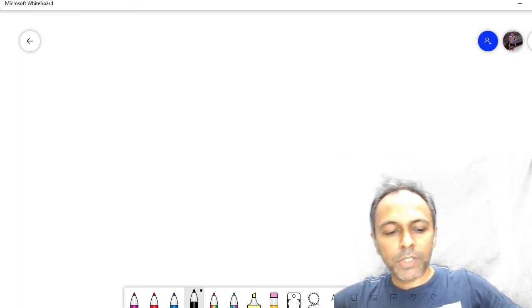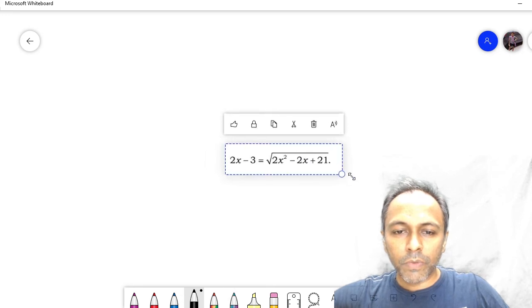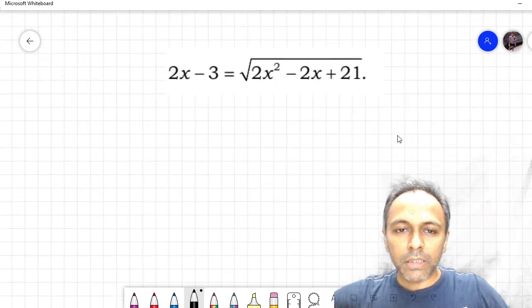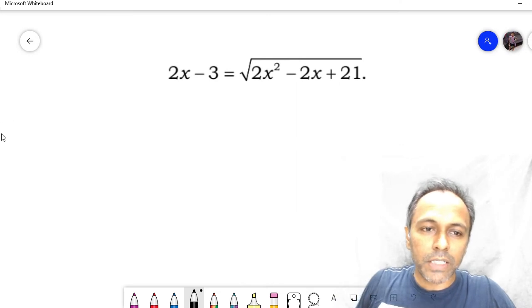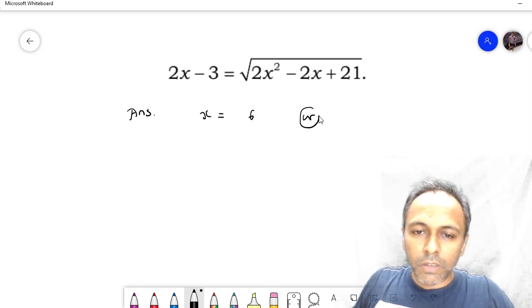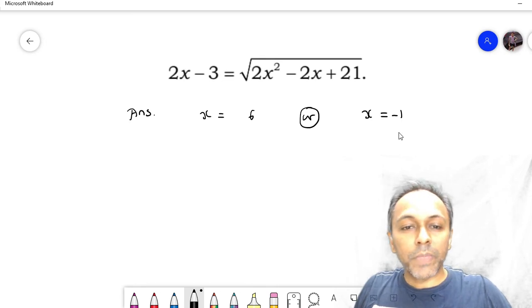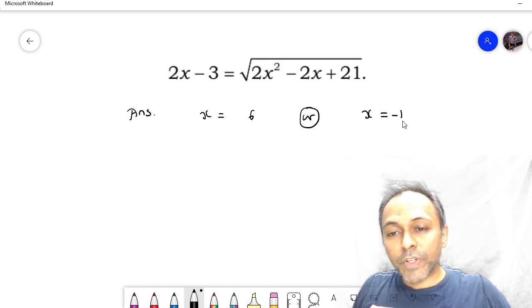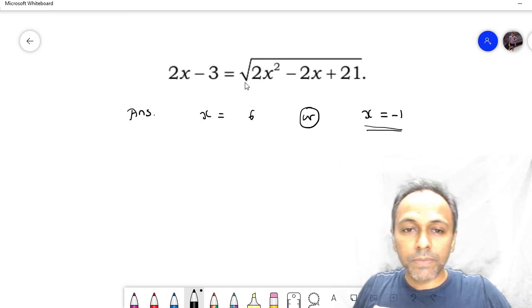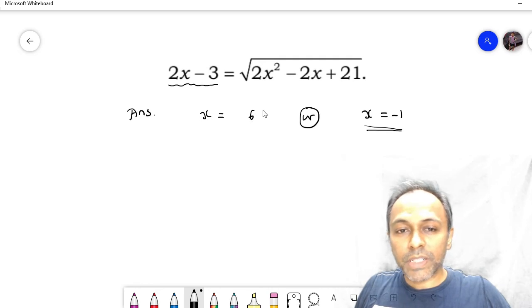So we conclude in this problem that we have just picked up, we can conclude that the answer that we have got for x is 6 or x is equal to minus 1. Now if you leave the answer in this way, then you may lose 1 mark, because when you substitute x is equal to minus 1 inside the left hand side part, you will get a negative answer.